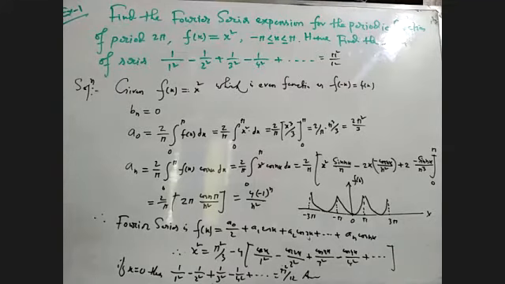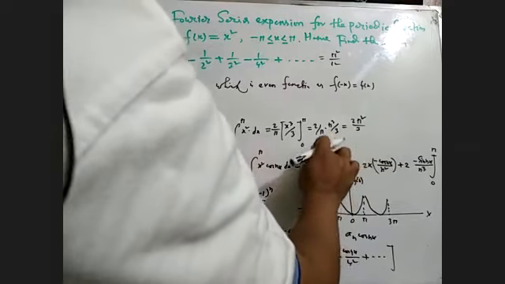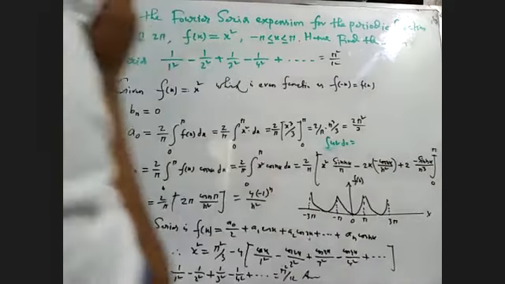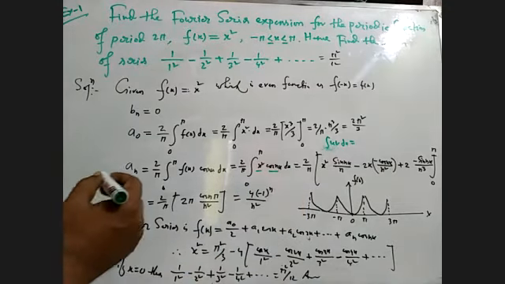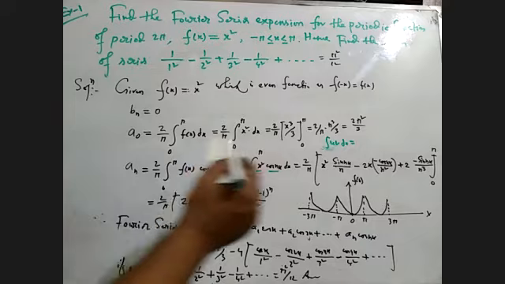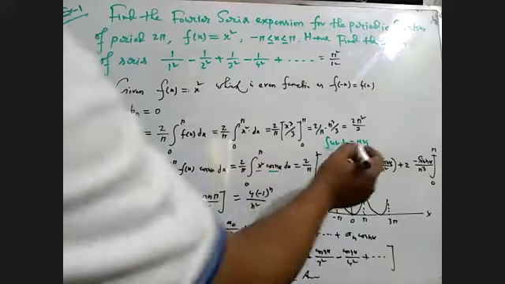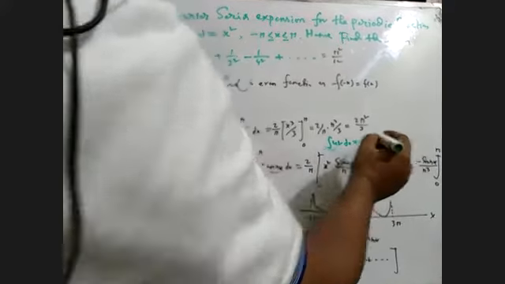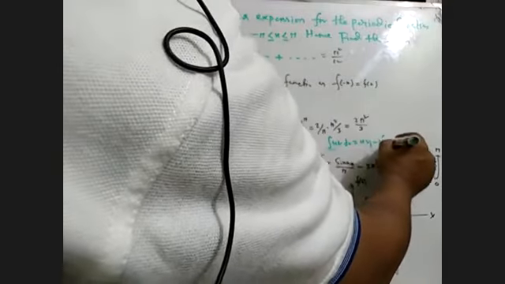Actually, we have used here a formula like this. Suppose I have the integration of u into v dx. Here u equals x square and v equals cos nx. In that case, we have to use u into the integration of v. Remember it. U into integration of v, minus differentiation of u, again integration of v.